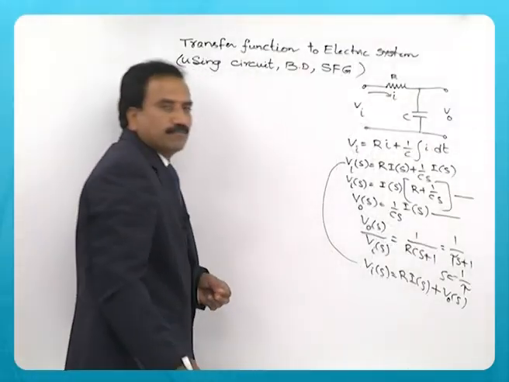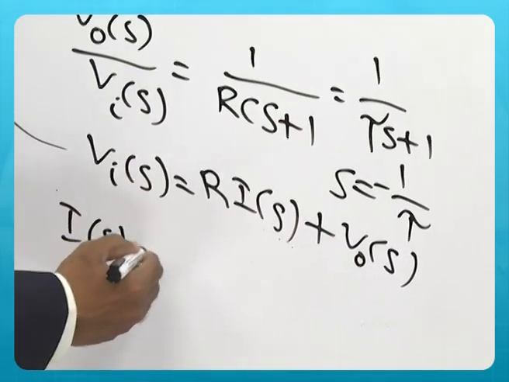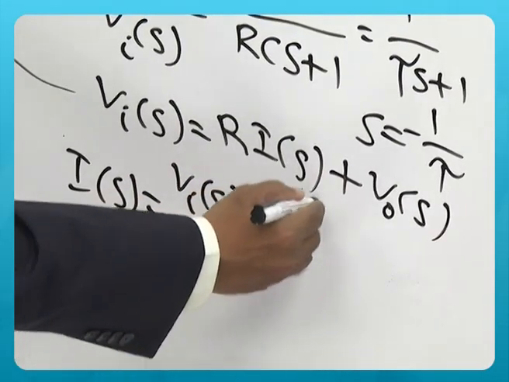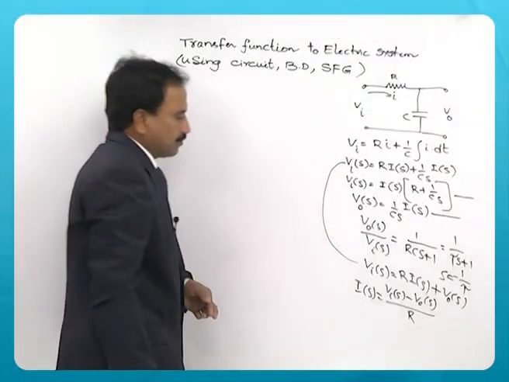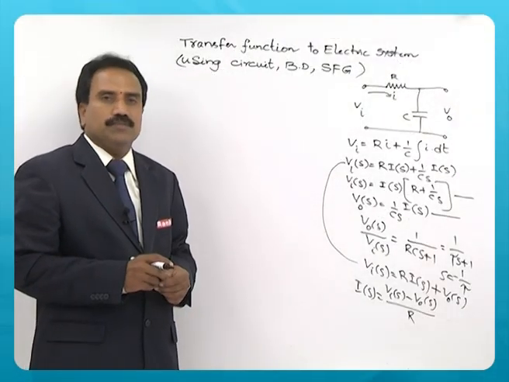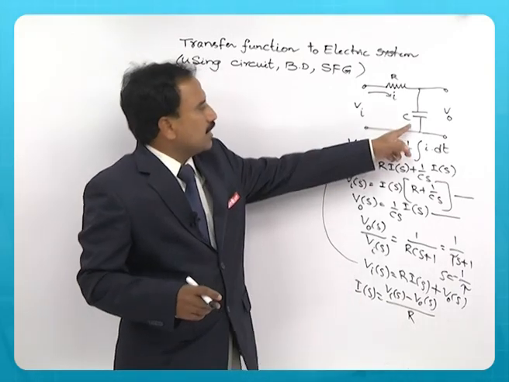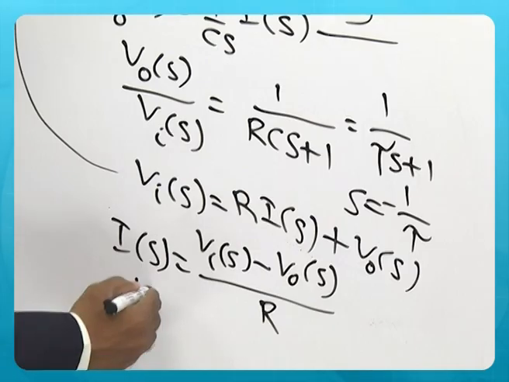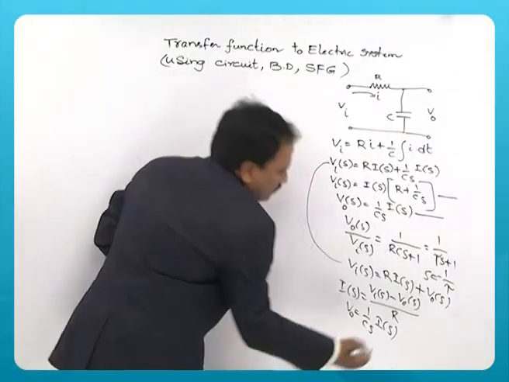So I of s can be written as Vi of s minus V0 of s by R. This is the current equation. And when this current flows through the capacitor, an output voltage is developed. So V0 is equal to 1 by Cs into I of s.